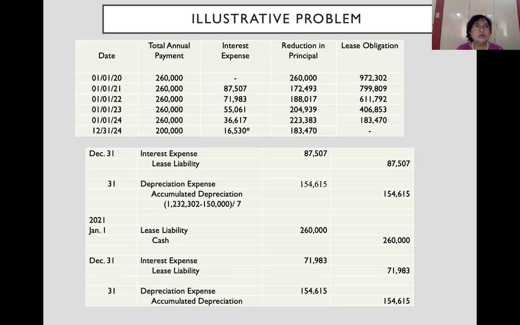Whatever also is the accumulated depreciation will have to be transferred to accumulated depreciation automobiles. So your entry there, debit accumulated depreciation right of use automobiles, and credit accumulated depreciation automobiles. So after this entry, what will prevail would be the ledger balance for automobiles, meaning they are yours already, reduced by accumulated depreciation automobiles.